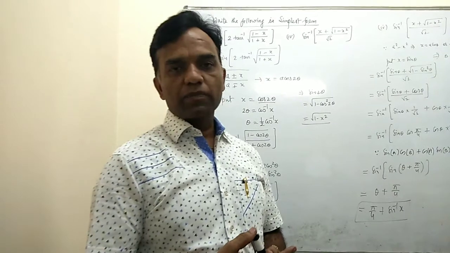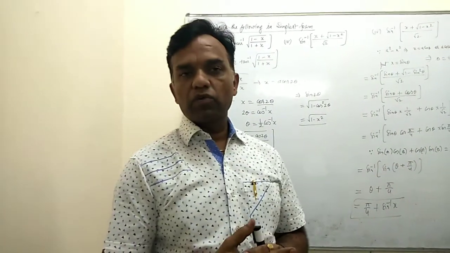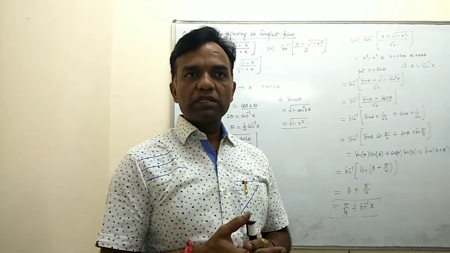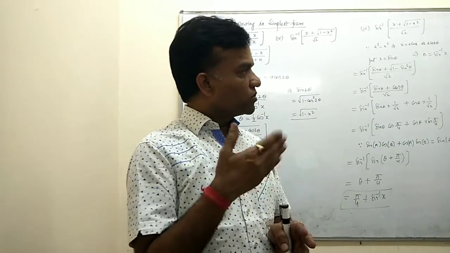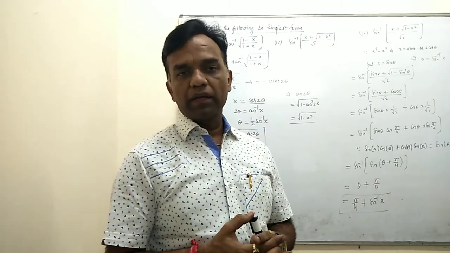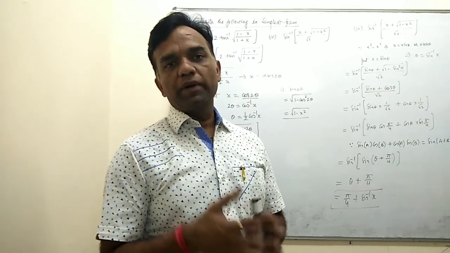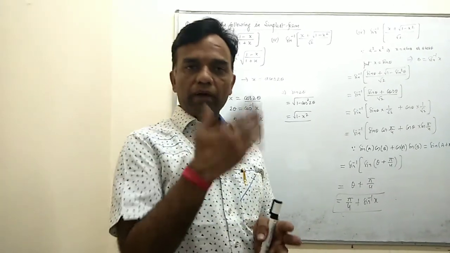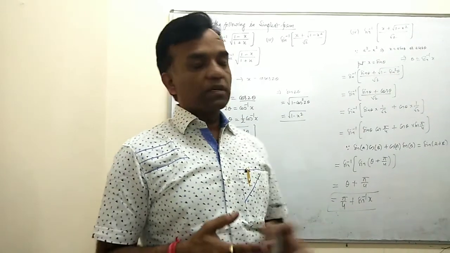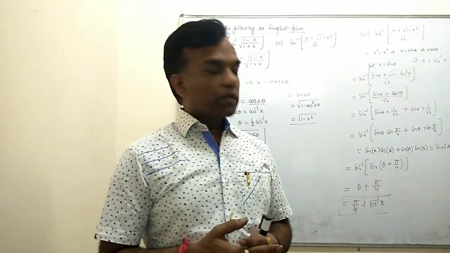Now do the practice with the same variety of questions with different substitutions, and use the concepts. First you should know the trigonometrical ratios and identities, and use those to convert into the simplest form. Thank you for watching this video.